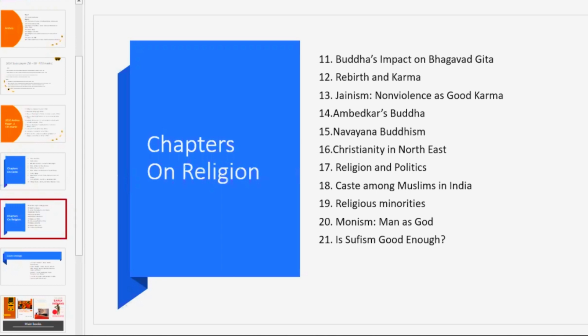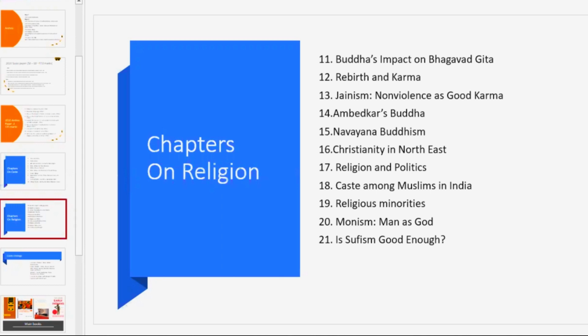You will understand why this question arises when, for example, you ask how Buddhism and Hinduism are different in the first place, when you talk about the impact of Buddhism on Hinduism. Same thing about the impact of Buddhism on Indian society. What would Hinduism be without Buddhism? And how did things like karma come about in the first place?